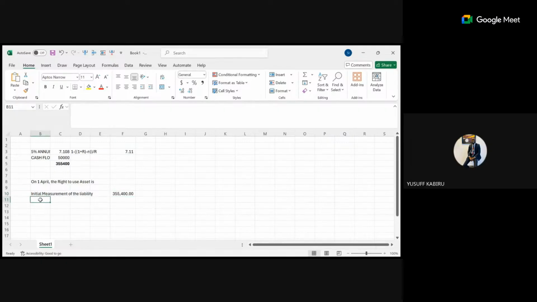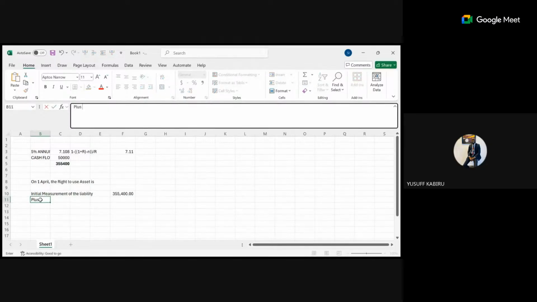Everything that is incidental to the costs of acquiring that asset will be considered. So for that reason, we also had plus any lease payments made on or before 1 April. So we will capture the payments we have made.